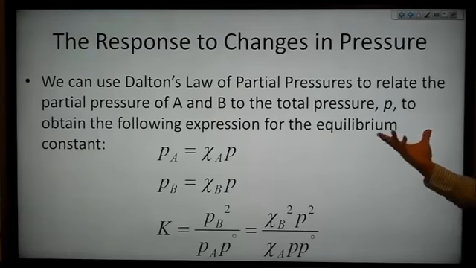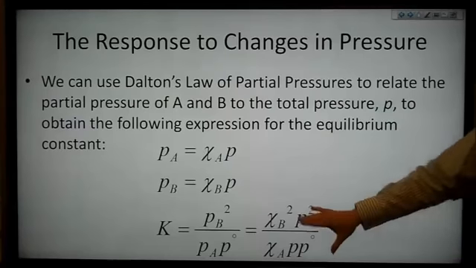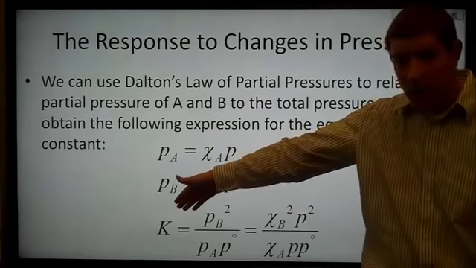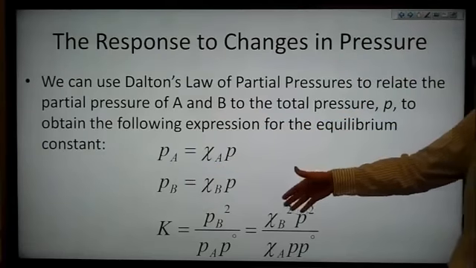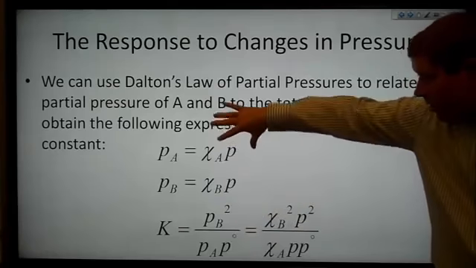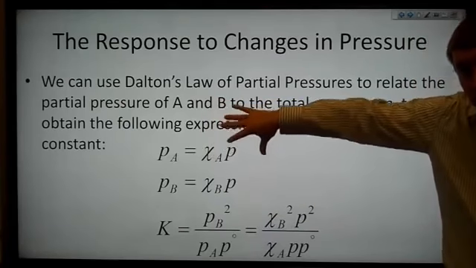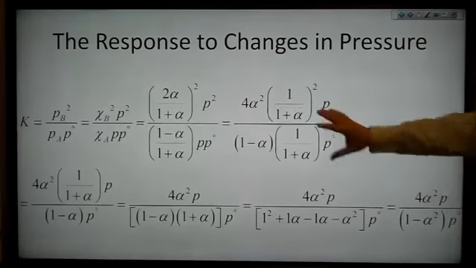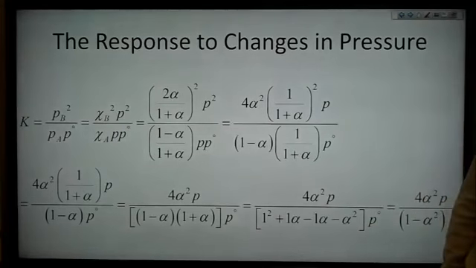And this means that we can obtain the following expression. We're going to go through some math here. We start out with our equilibrium constant K, and plug in for our pressures, PB and PA, using these two equations.